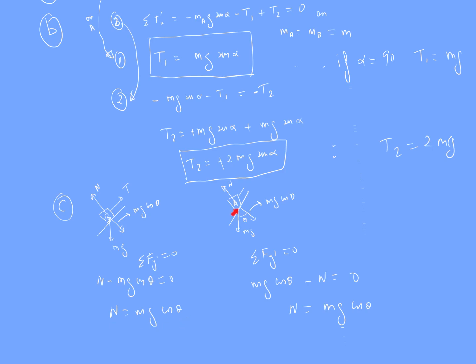For body A, the same thing will happen, because body A has two forces, T1 and T2, but these forces are not affecting the equilibrium in the y prime direction. T1 and T2 have no projection on the y prime direction because they are perpendicular to the normal.